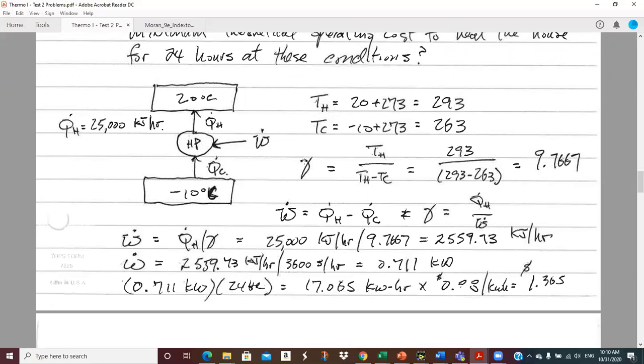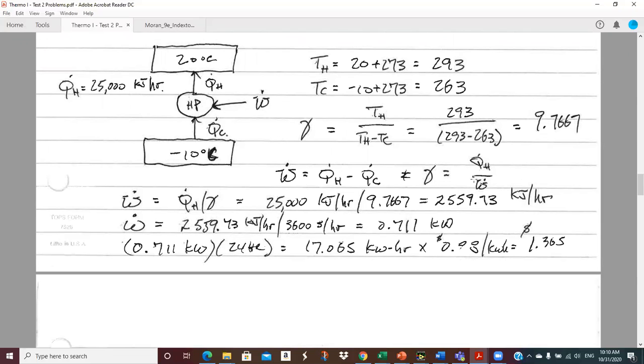So then for the theoretical best coefficient of performance for a heat pump, we have gamma is TH over TH minus TC, so 9.7667. So that's my best efficiency. And I realize that this gamma is QH divided by the costly input, which is the work, W dot.